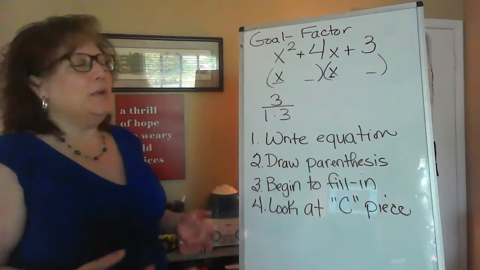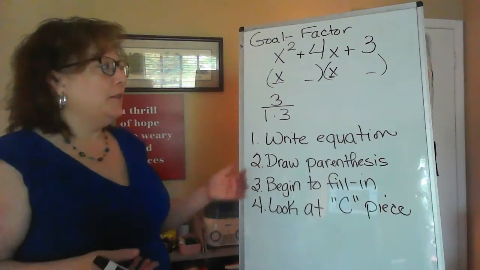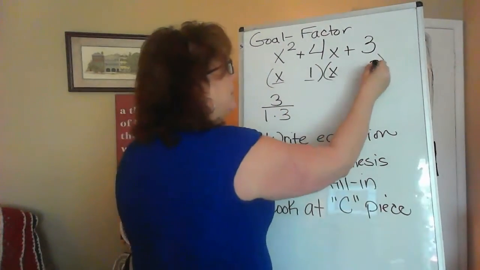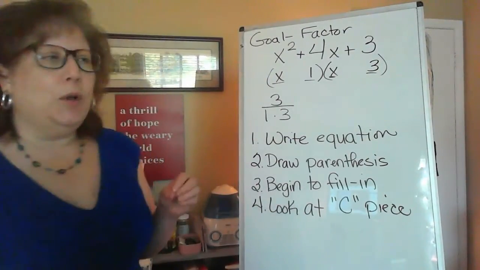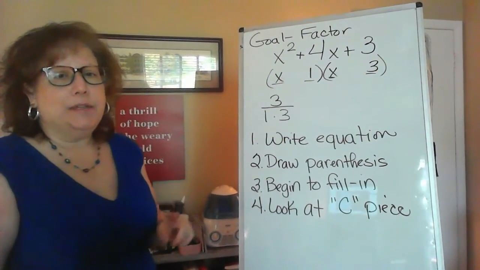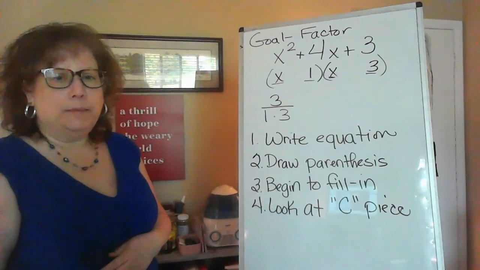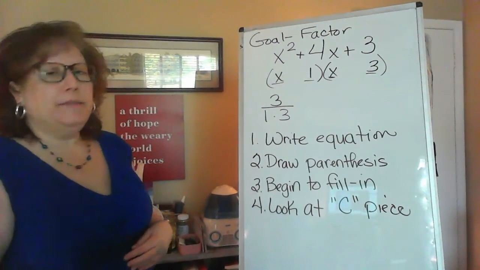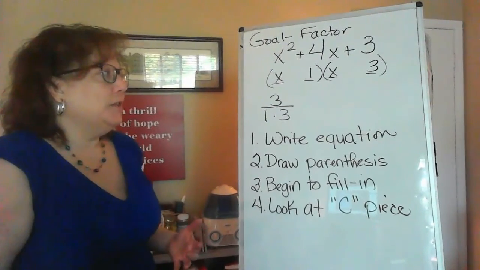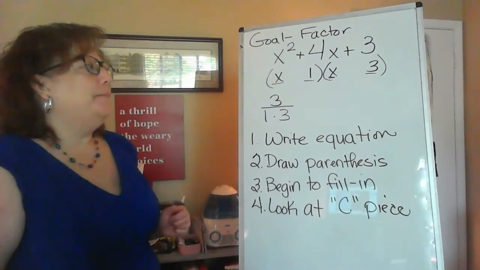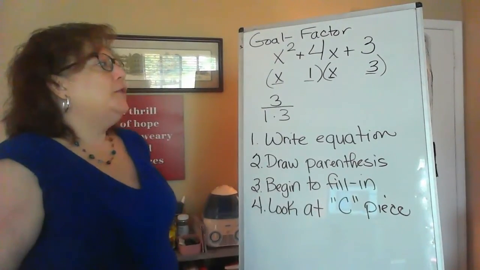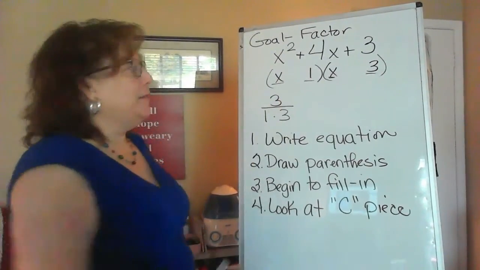So I'm pretty comfortable now taking the 3, taking the 1, and popping them in. And right at this moment, it probably doesn't matter where I put them. It is going to matter when we get to more difficult problems and when we have positives and negatives. But for today, enjoy that it's easier and just plop them in. Everything is positive in my quadratic, so that means everything's going to be positive down here too.